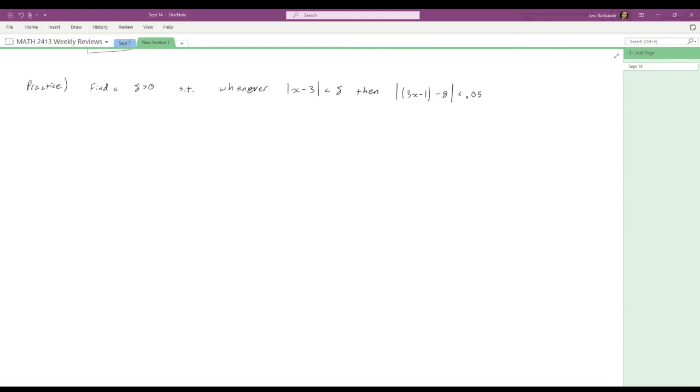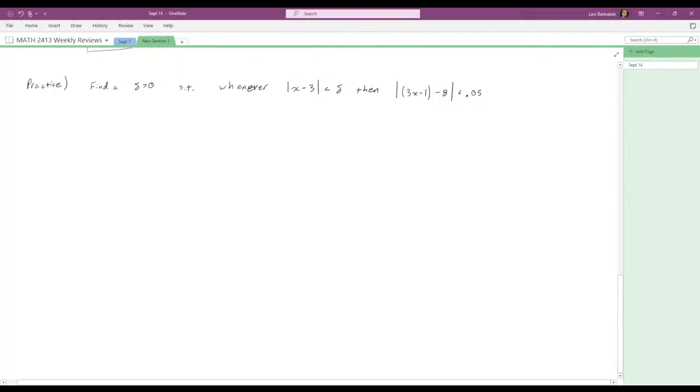All right, you done? Did you get the same answer or something else? All right, cool. Well, let's take a look. 0.05 over 3 is actually also the same as 1 over 60.